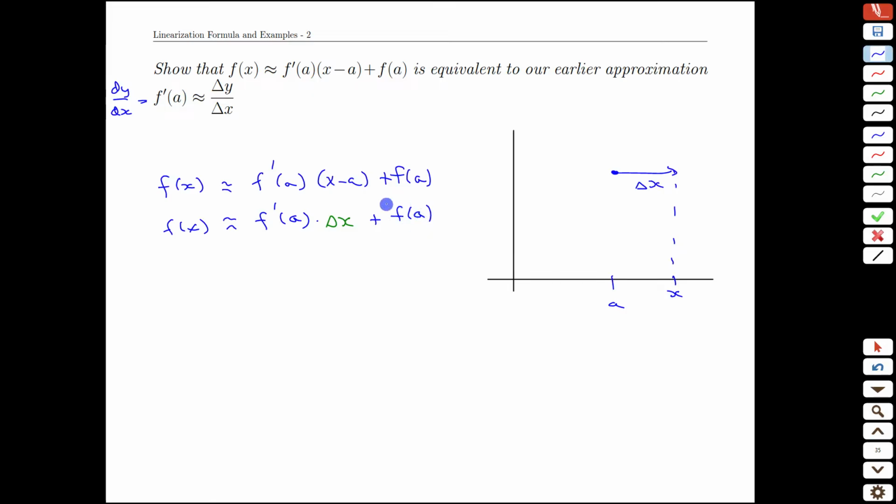Well, let's bring this to the other side. Minus f of a, and then the slope times delta x. What does this value represent? Well, f of a is the coordinate in the y direction where we're starting. The other value, f of x, is what we get as a height later on.